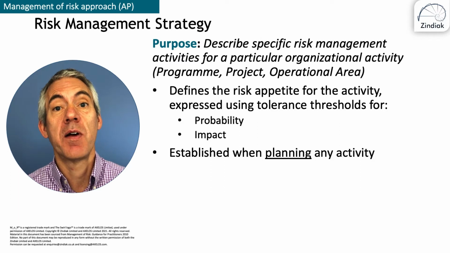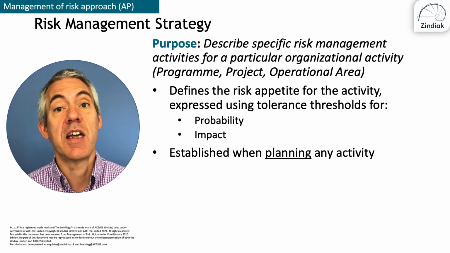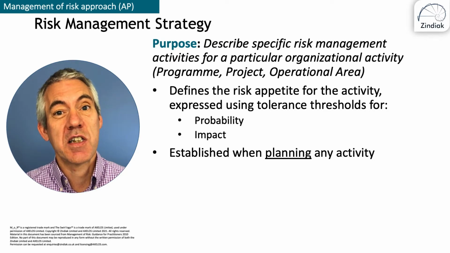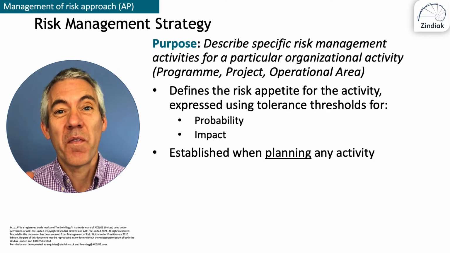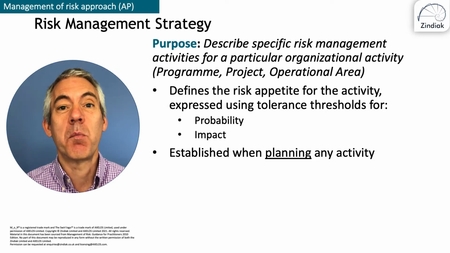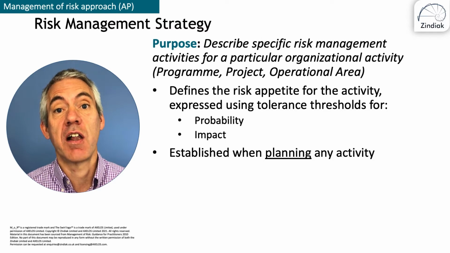So medium, low and very low are all within tolerance, but if the impact is high or very high, we need to escalate it. If the probability is very high, we need to escalate it. Now obviously you don't have to use those limits, but that would be an example for a particular project if we're using the 5-point scale from very low to very high.